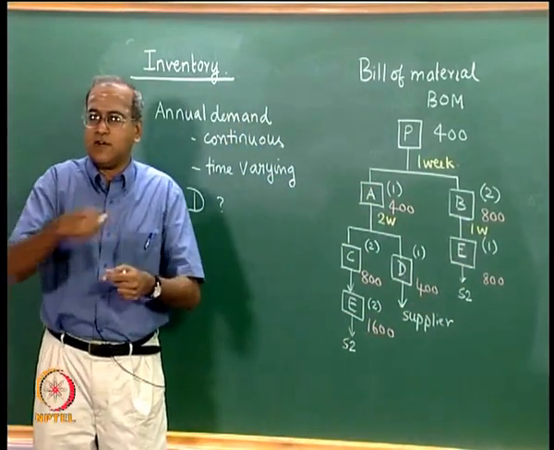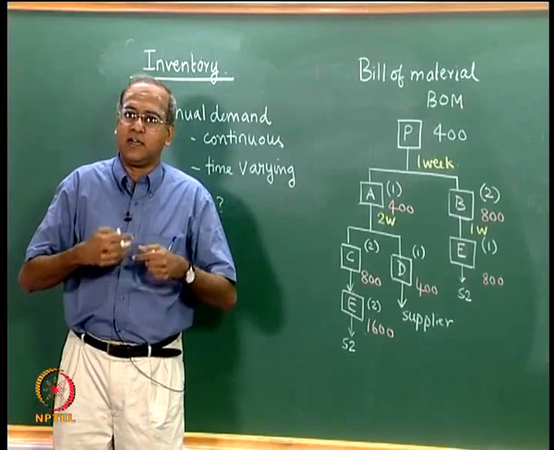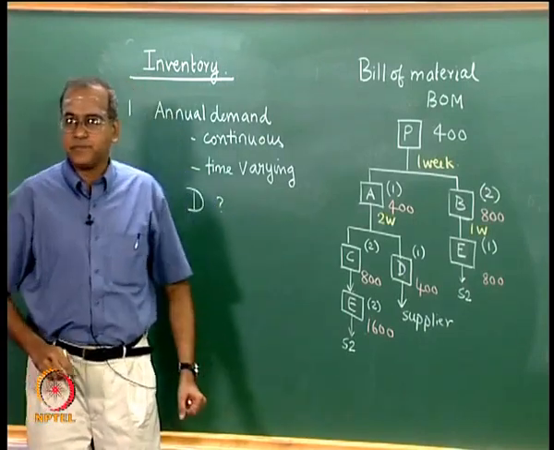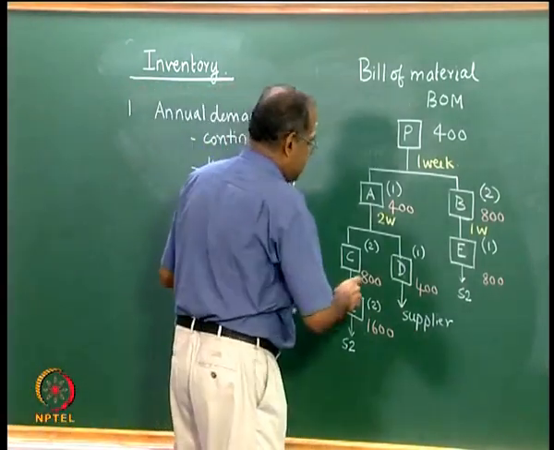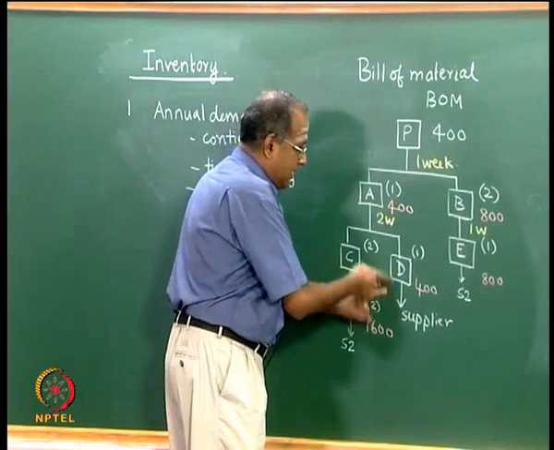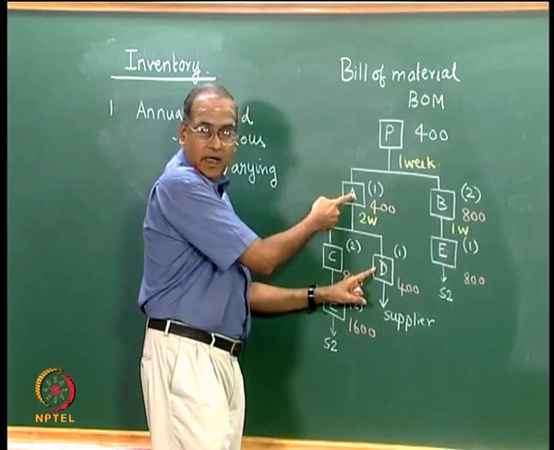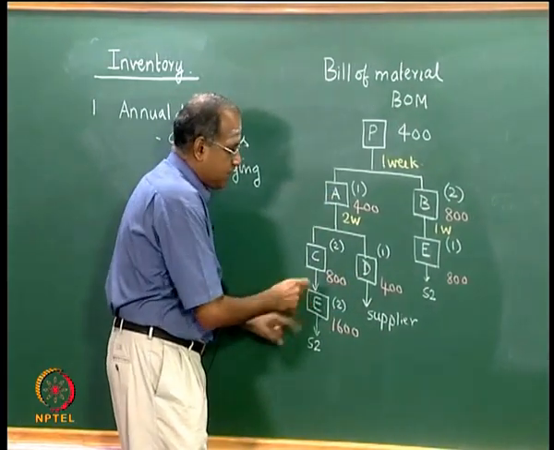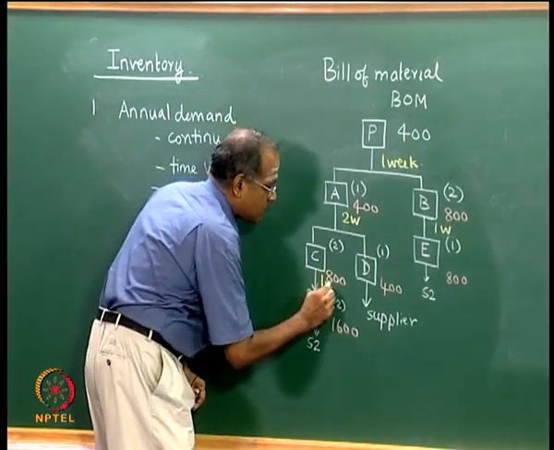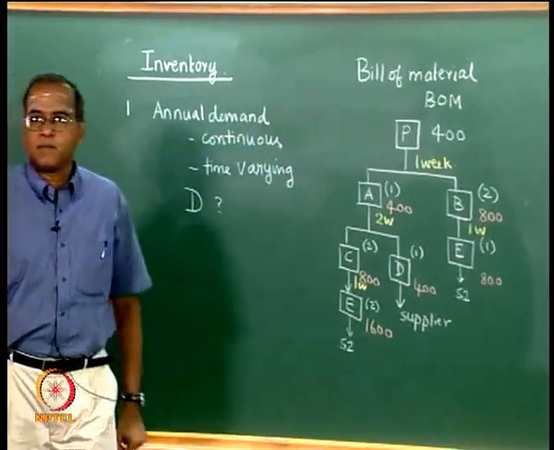We will later convert these weeks into days, but right now let us look at weeks. And then D comes directly from the supplier and within 2 weeks it will become A. Now let us say E comes from the supplier and let us say it takes 1 week to become C.